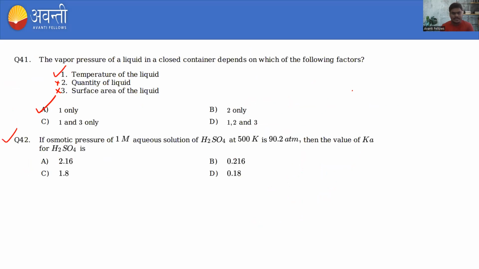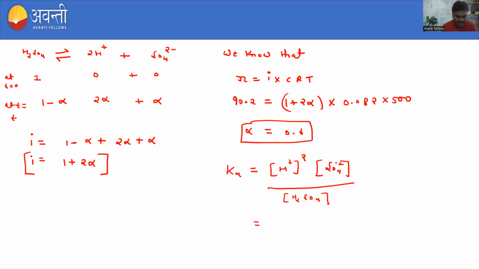It is a 1 molar aqueous solution, so the concentration of H plus is 2 into alpha, right? This is the concentration of H plus, this is the SO4, and this is for H2SO4.